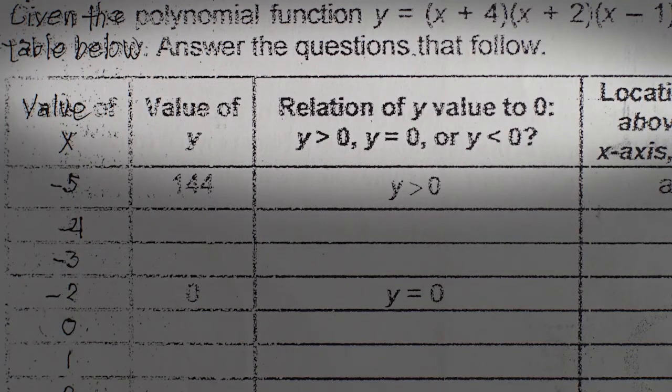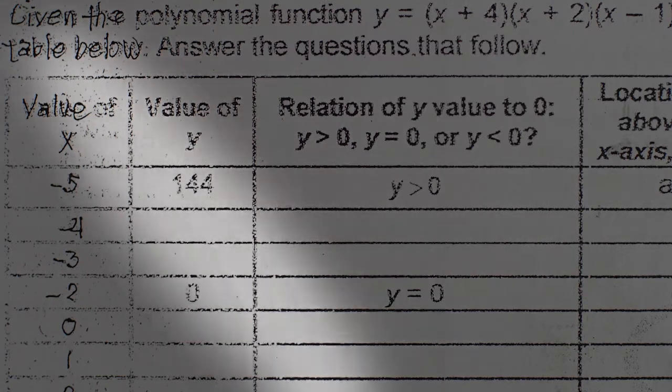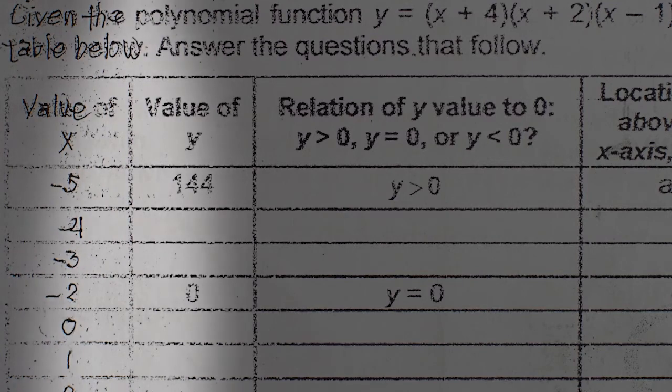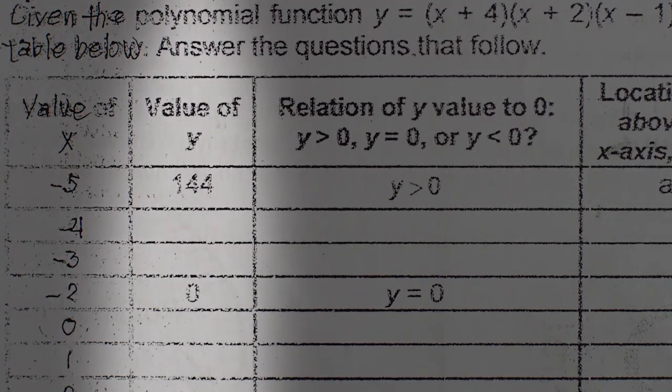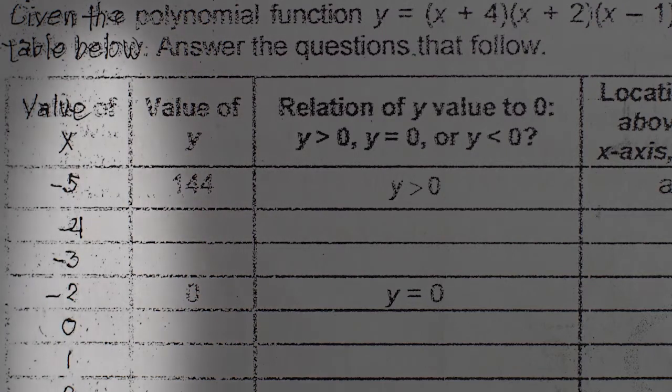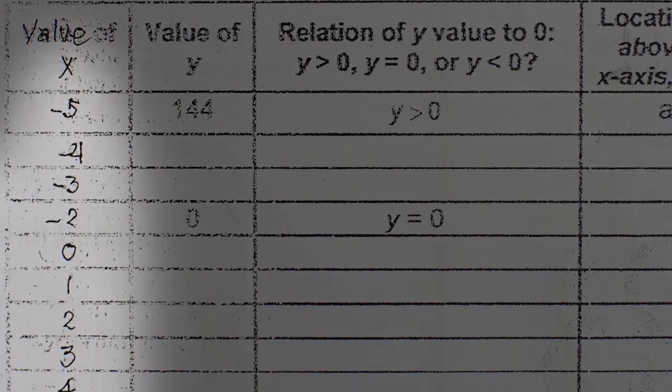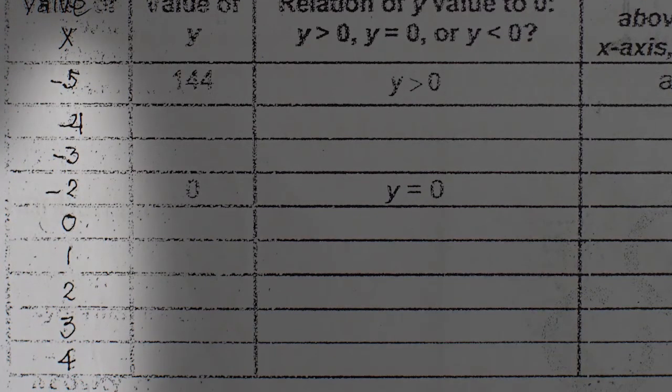Okay, we have the first column, that is the value of x, and the second column, that is the value of y. For the value of x in the first column, we have -5, -4, -3, -2, 0, then 1, 2, 3, and 4.